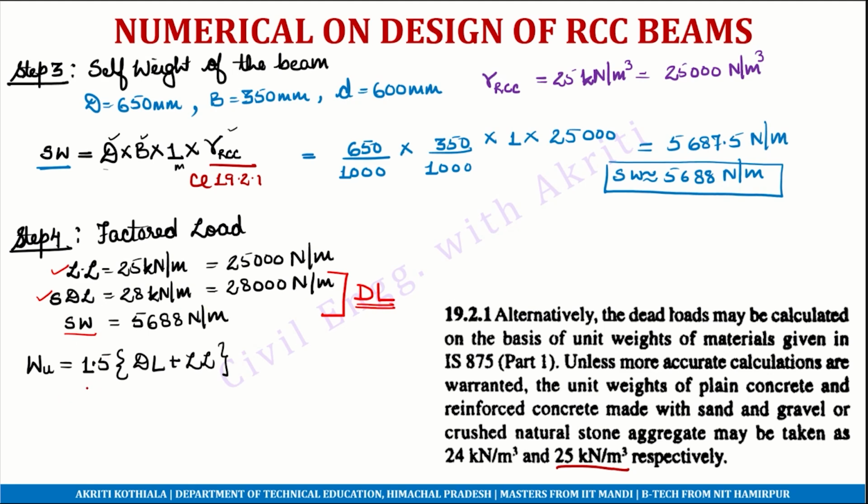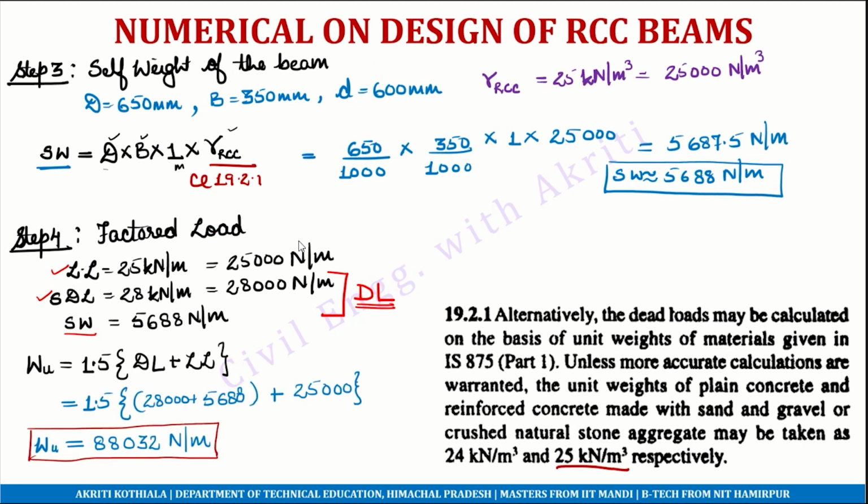So substituting these values, we get 88,032 Newton per meter. We have to keep in mind that in the question these values are given in kilonewton per meter, but the self weight has been calculated in Newton per meter, so we have to first convert them into the same units and only then addition will be possible. So we've calculated the factored load.